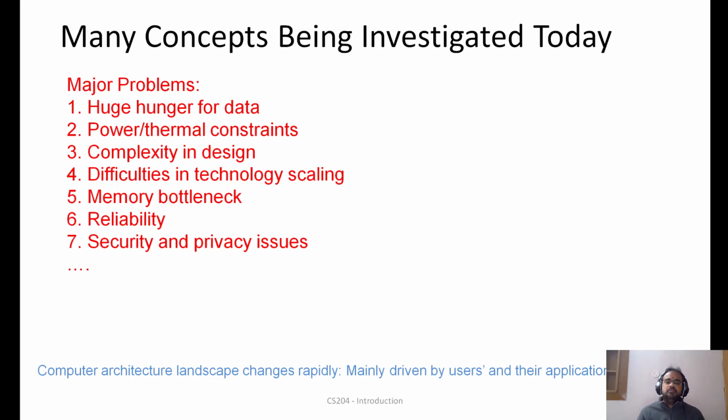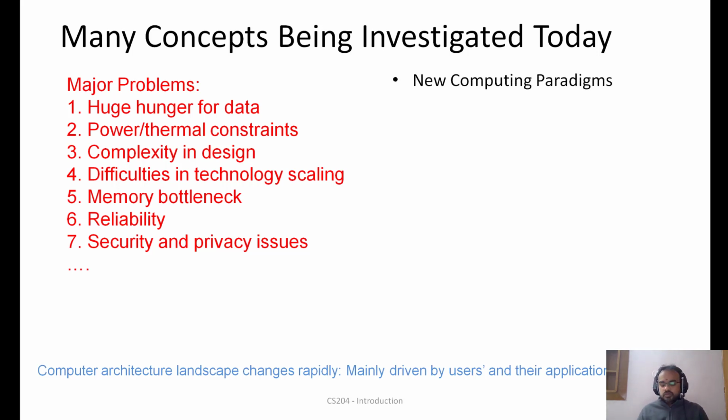Right now we are at 7 nanometer, but scaling further to lower device lengths is getting more and more difficult. Then we have memory bottleneck because the memory is not as fast as your computing device, a CPU or a GPU or a TPU. Then we have the reliability. Following that, we do have the security and privacy issues.